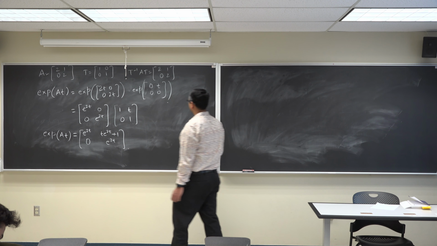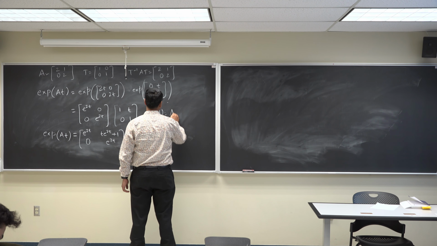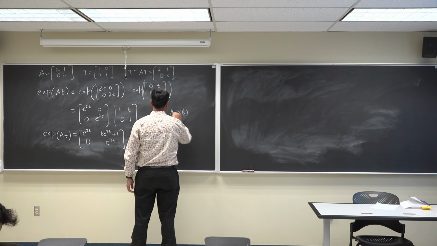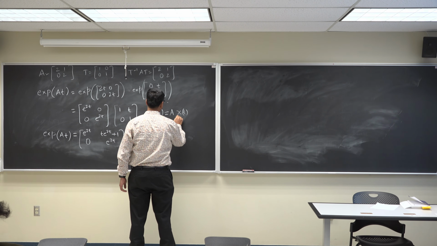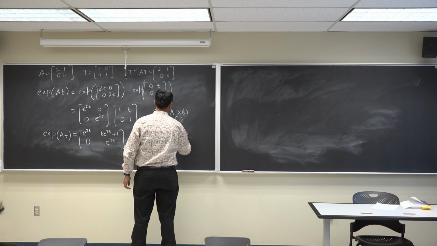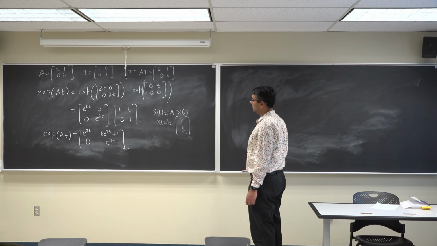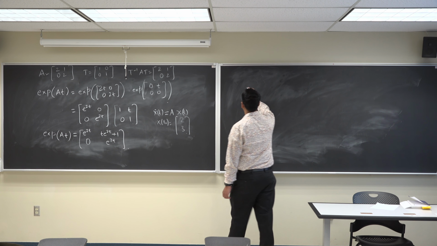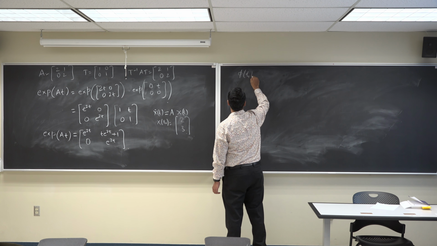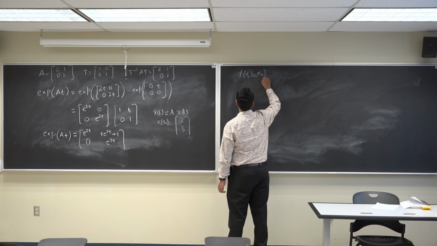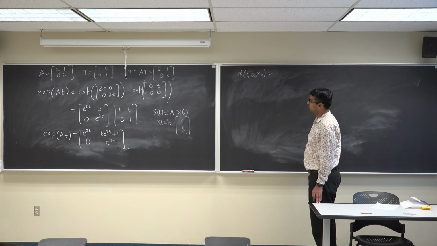Now I have a linear system, x dot of t equals A x of t, x of t0 equals 2, 3. What is my phi of t, t naught, x naught, the solution to this differential equation?